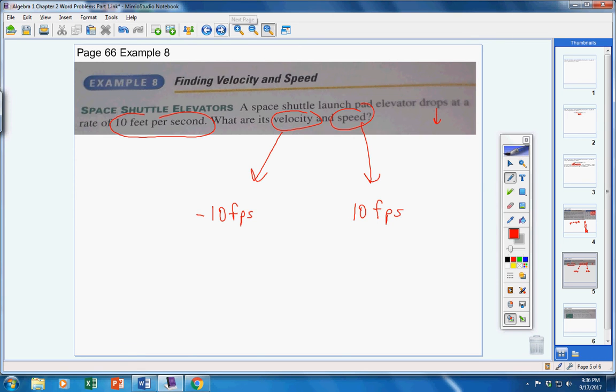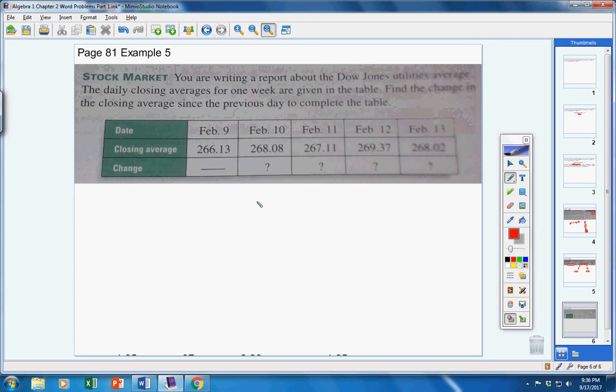Alright? And lastly, you're writing a report about the Dow Jones average. The stock market, okay? Here's the daily closings for the days from February 9th to February 13th. Find the change in the closing average since the previous day. This is really simple. I've done the math for you already.